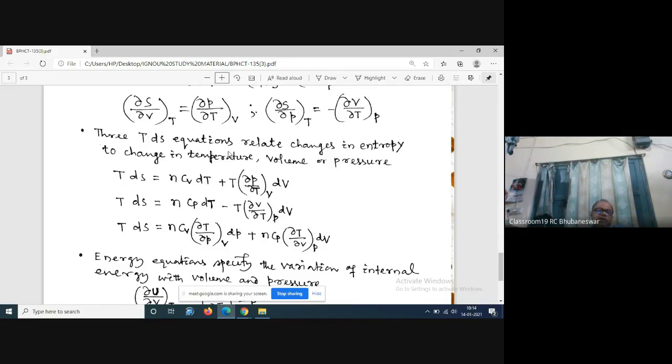Similarly, another TdS equation is TdS equals C_P dT minus T del V by del T at constant P dP. The third TdS equation is TdS equals C_V del T by del P at constant V dP plus C_P del T by del V at constant P dV.